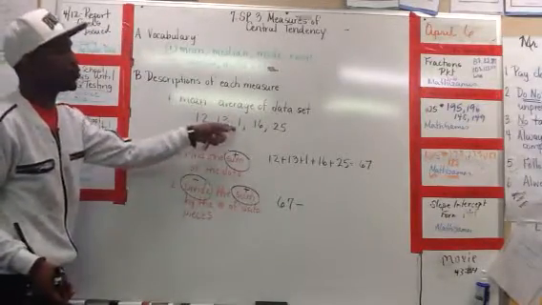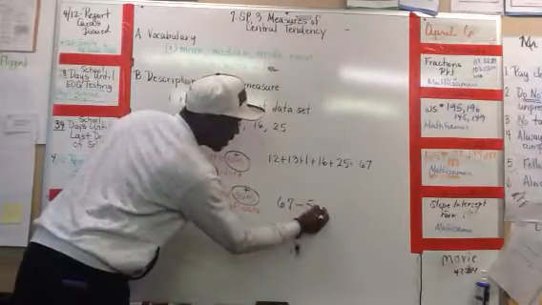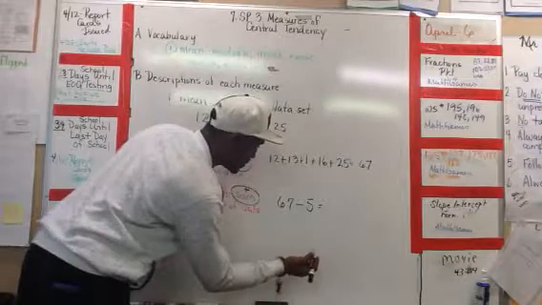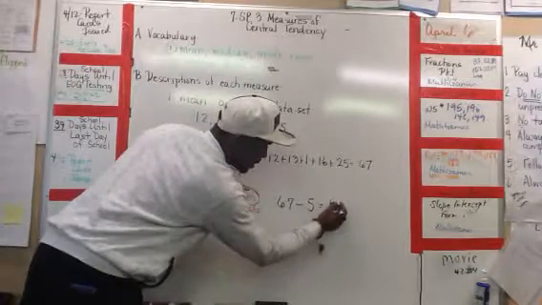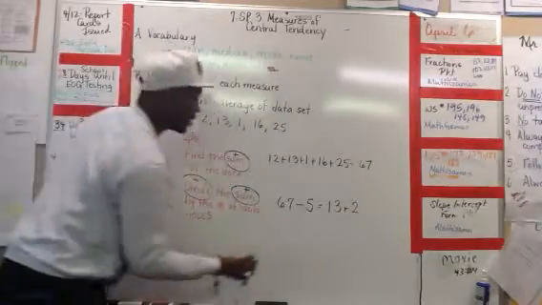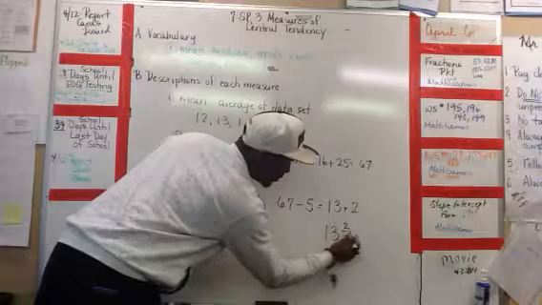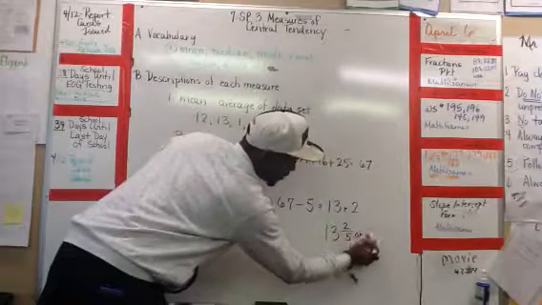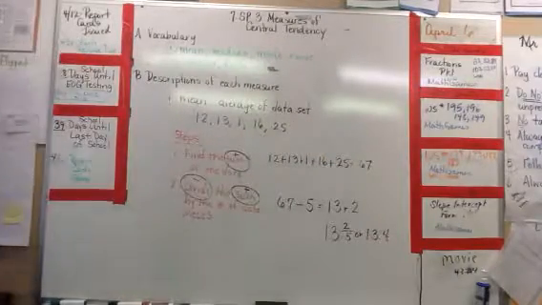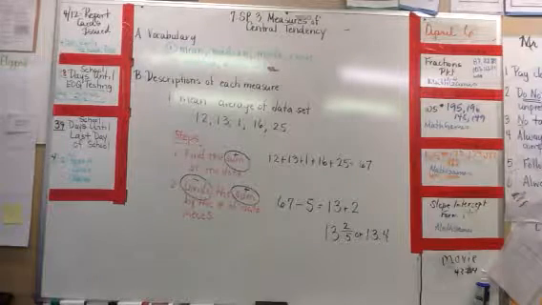There's 1, 2, 3, 4, 5 numbers or data pieces. And if I divide that, I get 13 remainder 2. If I wanted to write it as a fraction, I could do 13 and 2/5, or 13.4. Okay? That's how we find the mean.